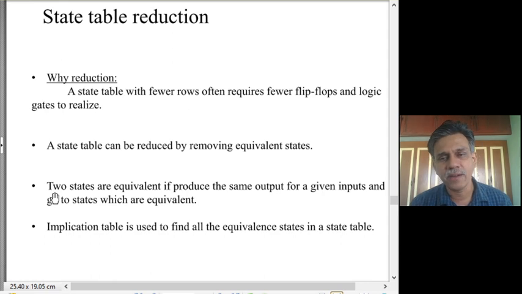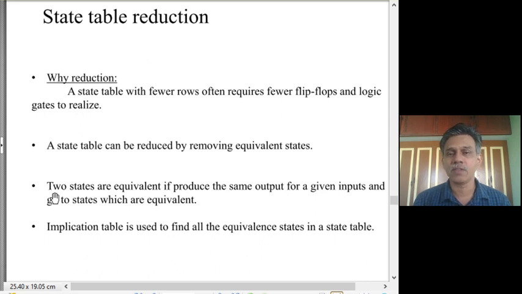Now, having defined it, our purpose of state table reduction or reduction in a state graph becomes simpler. What you have to do is identify pairs of states which are equivalent and, for each pair, you can remove one. If you have a group of states, all of them equivalent to each other, then there can be one and only one state that can represent the entire group.